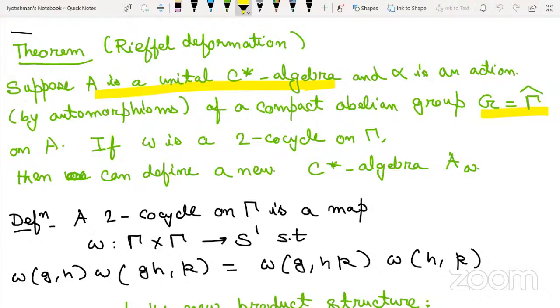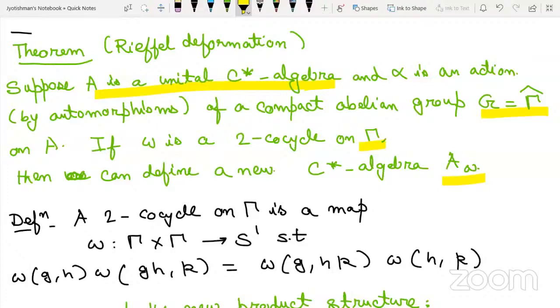Where does this come from? Suppose I have a compact abelian group acting on a C-star algebra, and suppose I fix a two cocycle on gamma. Out of this data, I can define a new algebra A omega.